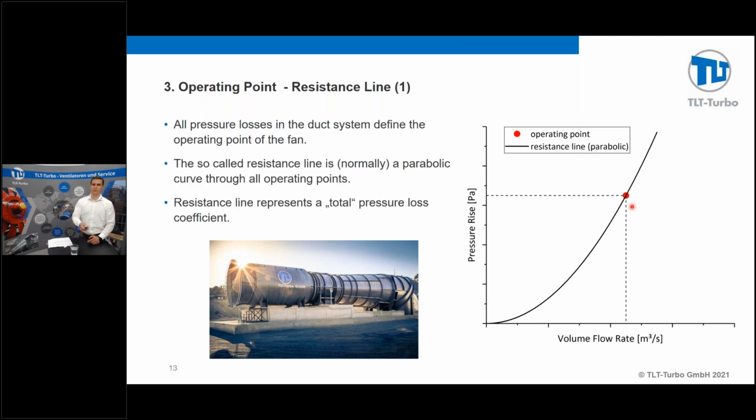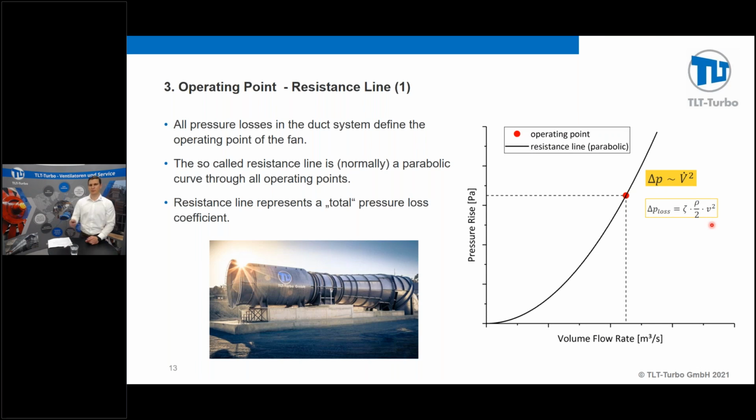So maybe once again, this parabolic curve represents a kind of total pressure loss coefficient for the whole duct system, and it does not change if the duct system does not change. Now coming back to the question, why is it a parabolic curve? Well, if you remember Bernoulli's law, the pressure losses are proportional to the velocity squared.